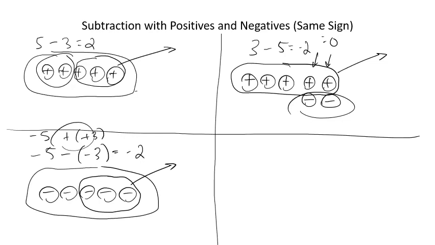Now, suppose a student, for whatever reason, adds in too many 0 pairs. It's not uncommon to see students, when they add in these 0 pairs, add in 5 0 pairs because they see that minus 5, and so they kind of panic. They freak out a little bit and they put in too many. Well, that's fine, because after I remove my positive 5, I've got some positives and negatives left over.